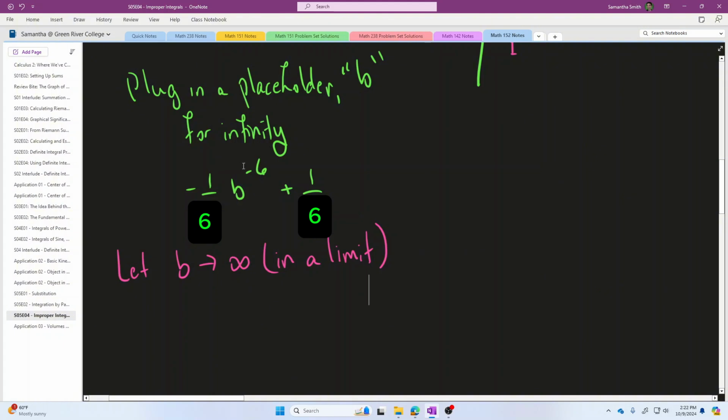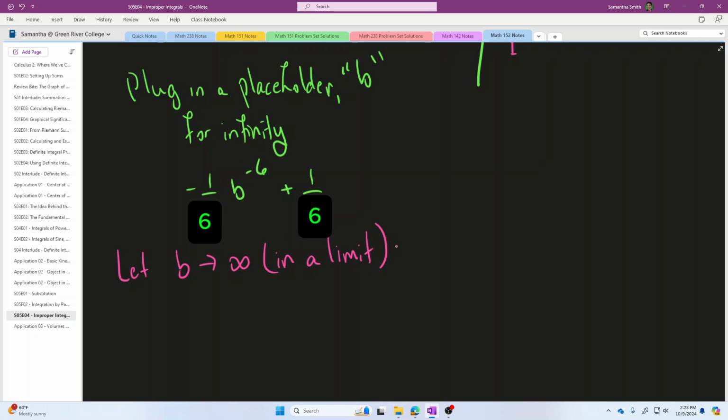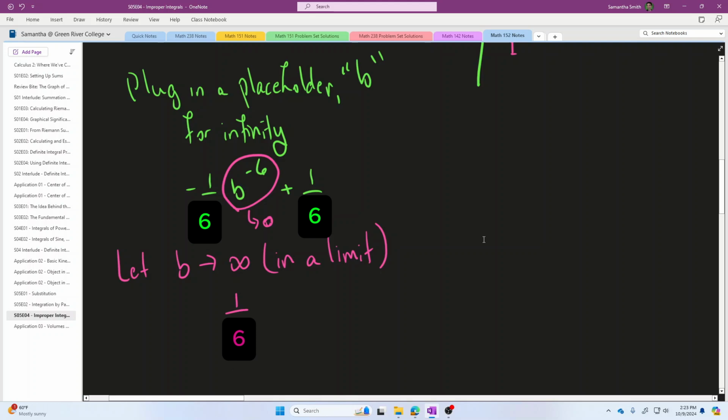If I raise a very large number to a negative exponent, then I am essentially dividing by an extremely large number. So because of that negative exponent, as b goes to infinity, b to the minus 6 approaches 0. And as a result, this first term vanishes, and all that is left behind is the value 1/7. And this would be my final answer.